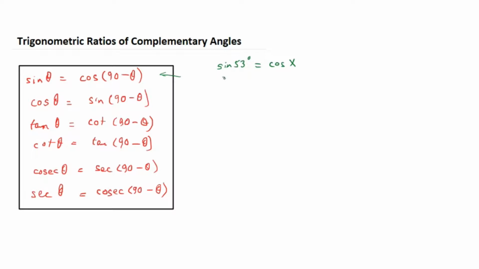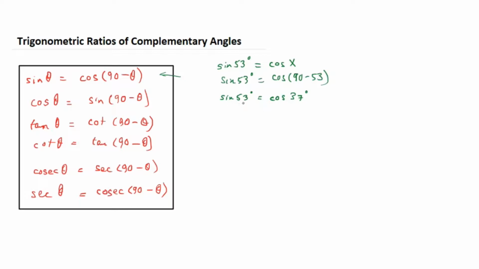So that means that the sine of 53 degrees will be the same as cos of 90 minus 53. Or we can also say that sine of 53 degrees will be the same as cos of 37 degrees, because 90 minus 53 is going to be 37.